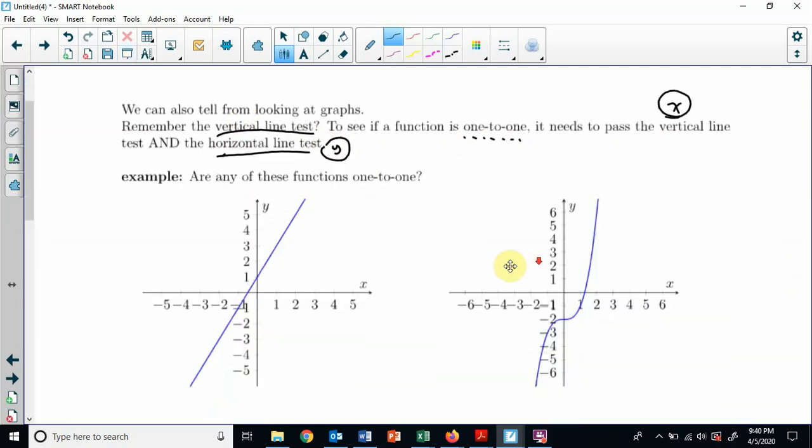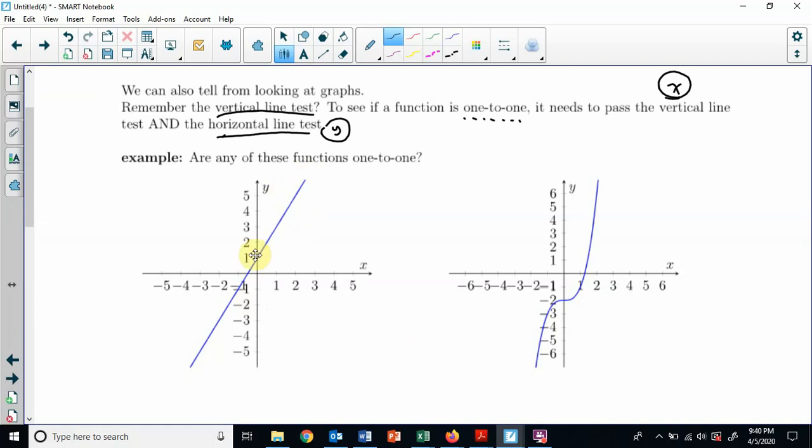So let's see, are these functions 1-to-1? First off, this is a straight line. Can you draw a vertical line and cross it more than once? No, you cannot, so that means there are no cheating x's. So yes, it's a function. How about horizontally? Is there anywhere you can cross it horizontally and find a cheating y value? No, so this one is 1-to-1. Yes.